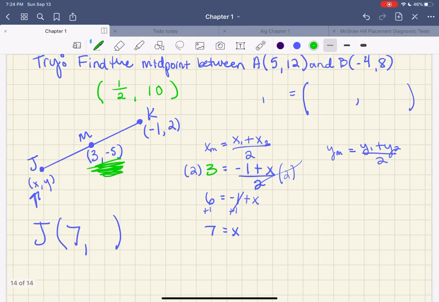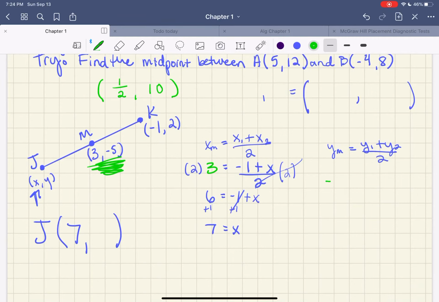Our y value for our midpoint specifically is -5. So I do that, and then I say, okay, then I have 2 plus y2, which we can call y, over 2. Same deal here.